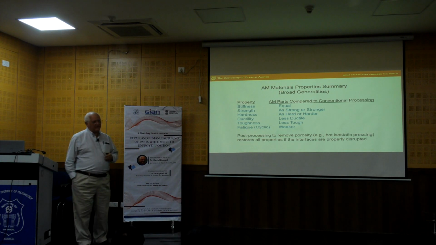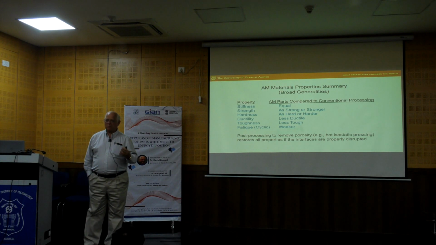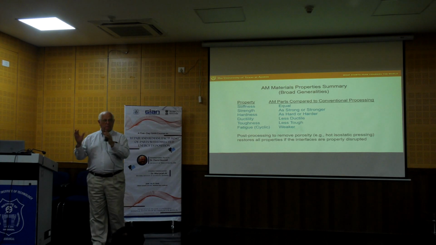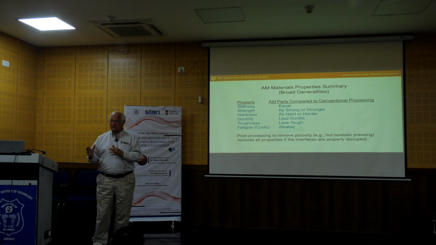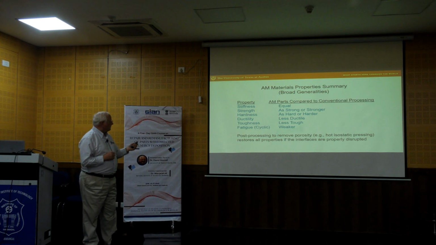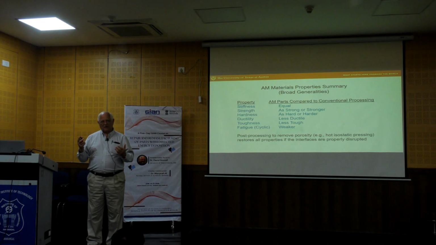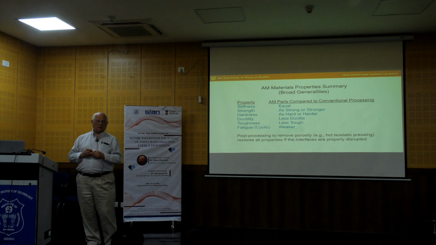But what we find is, and this is very predictable, how the mechanical properties relate based on the manufacturing process, and that is, if we compare a forging to an additive manufactured part, the stiffness is typically almost identical, and certainly for high density parts.